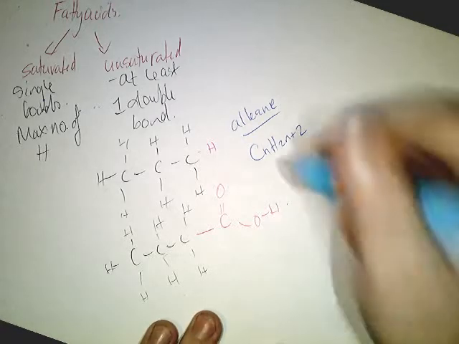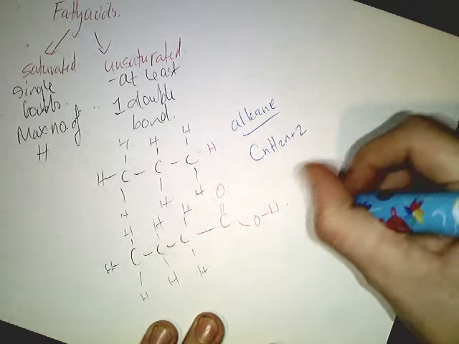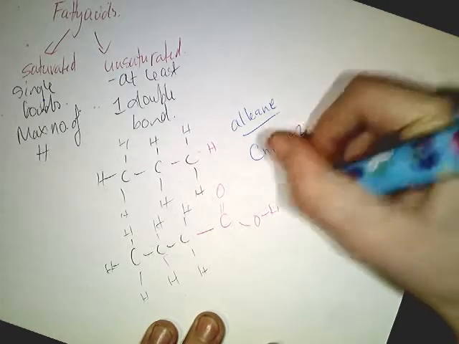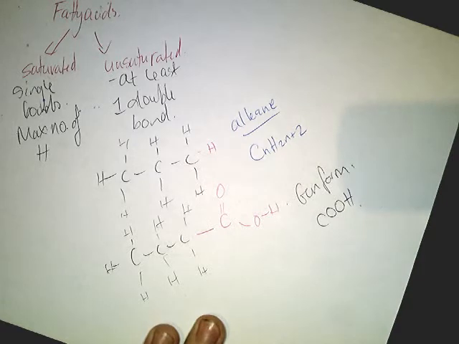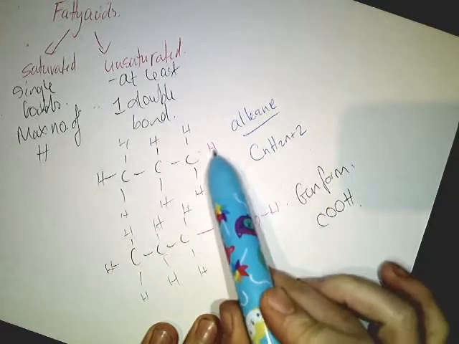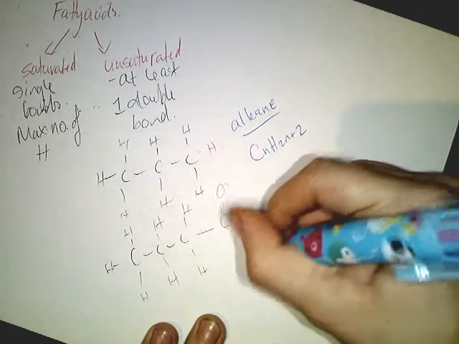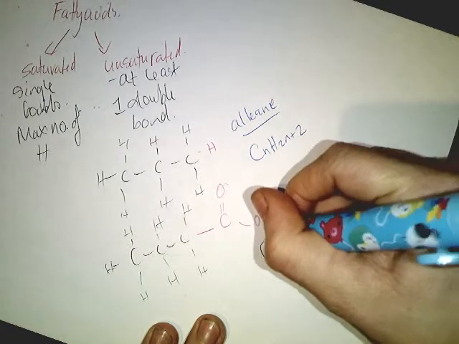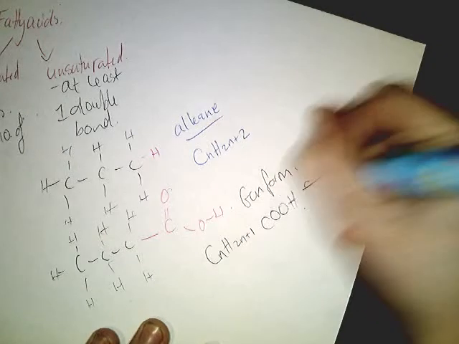So what we've done is we've gained a COOH. So if we're trying to write out the general formula, we've gained a COOH and we've lost a H. We've removed a H and replaced it with a COOH. So for a saturated fatty acid, it's CnH2n plus 1 COOH.